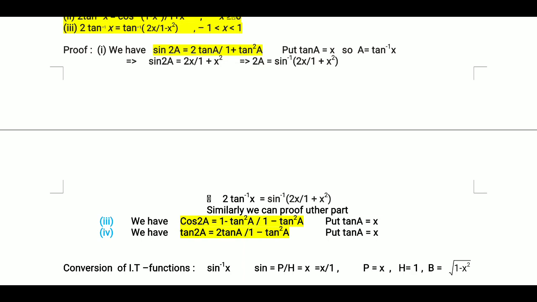And in this we again put tan a is equal to x. And then in a similar way we can prove the formula of the second one. And in case of the next one, we know the trigonometric formula for tan 2a, that is 2 tan a upon 1 minus tan square a.